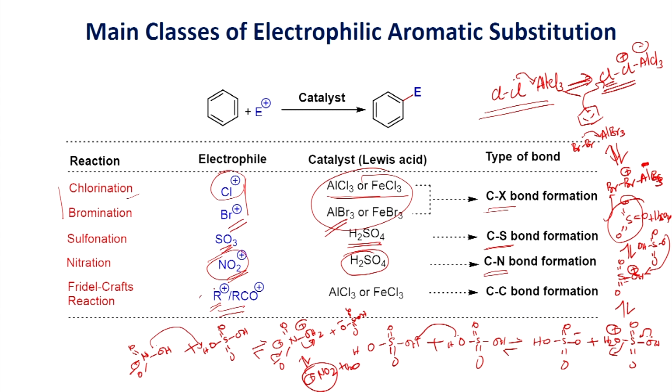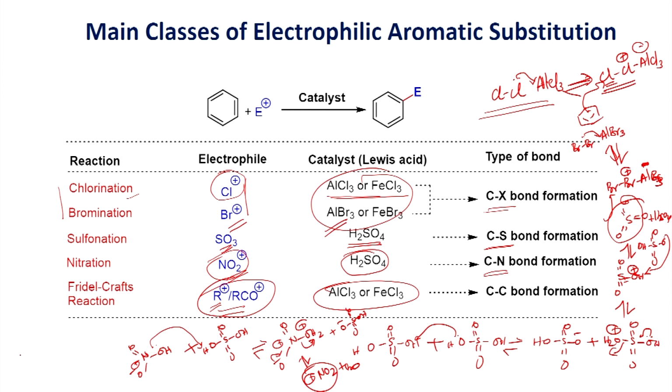So, these reactions are usually carried out in the presence of a Lewis acid, as we have seen in the case of halogenation. In the presence of aluminum chloride or FeCl3, you can carry out the reaction, make a carbon-carbon bond, and do alkylation and acylation.